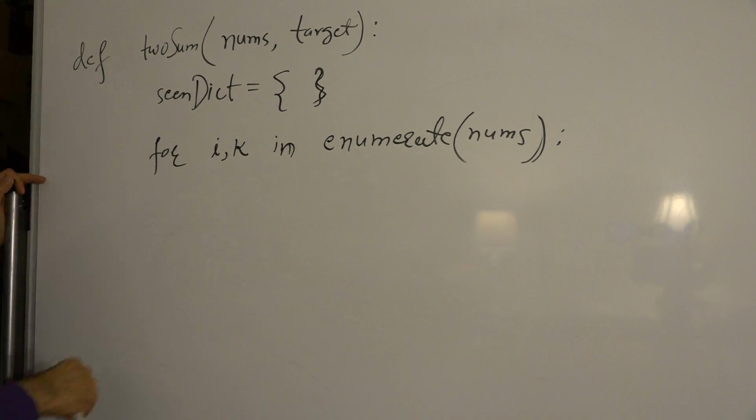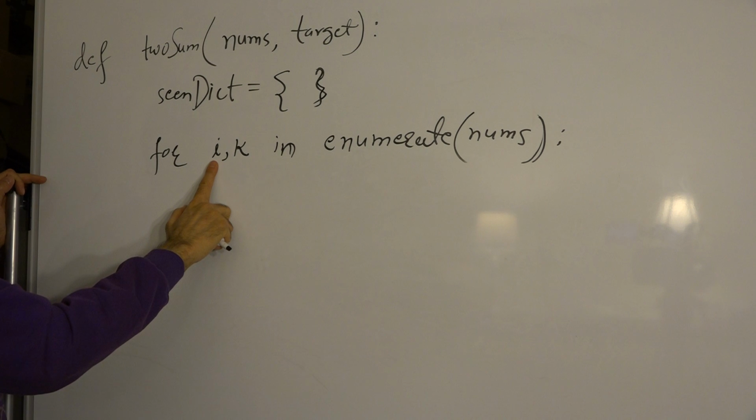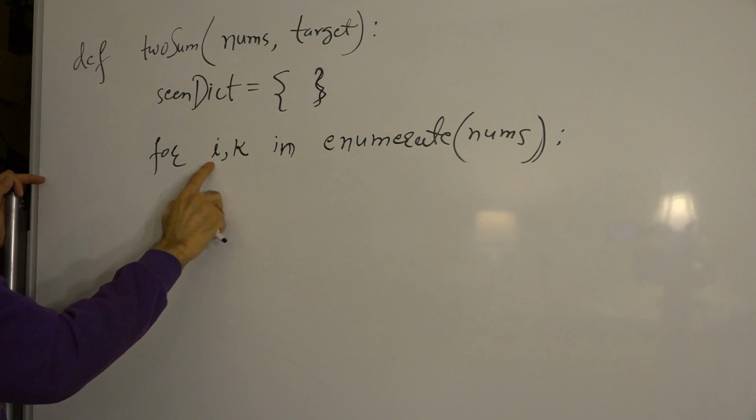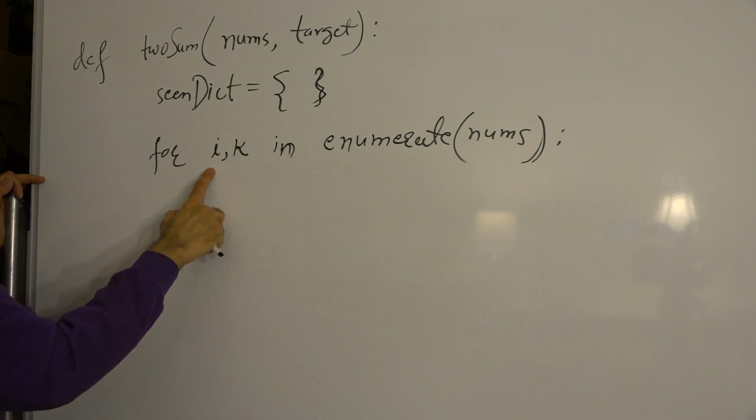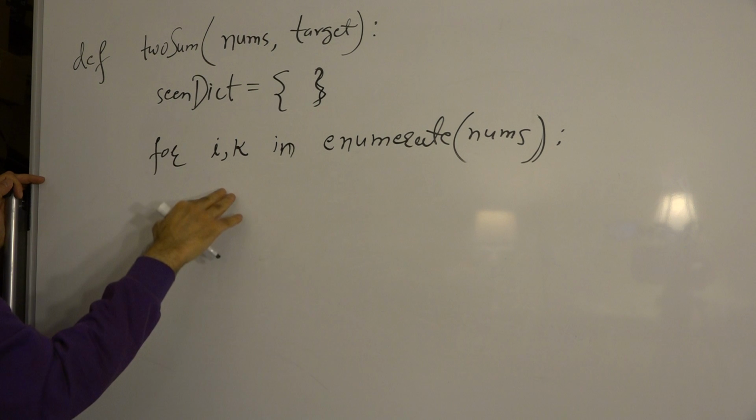I said loop control variable, but here in Python it's actually counterintuitive. It is not controlling the loop, whereas in a programming language like C, it probably would be controlling. Java also would have loop control, but here it is something that's given to us.